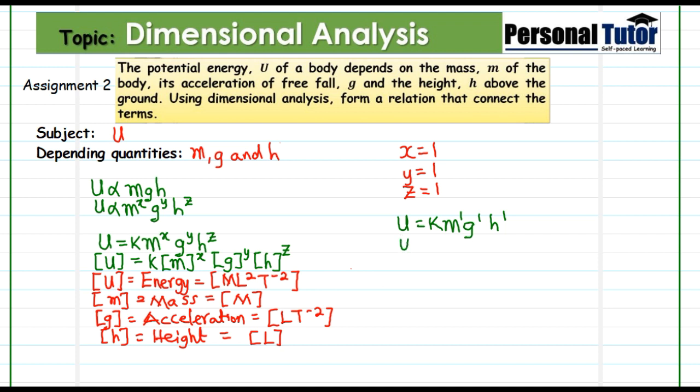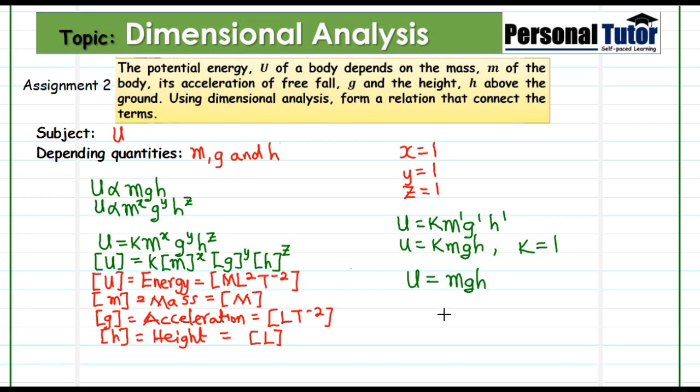So simply U equals K, M, G, H. We're not told what the value of K was, so this is the expression. But if we were told K was equal to 1, then we will be left with M, G, H. That's on condition that K is 1. And this is the true formula for finding the potential difference.